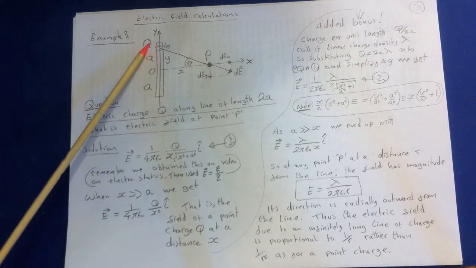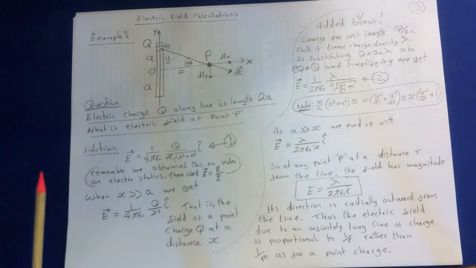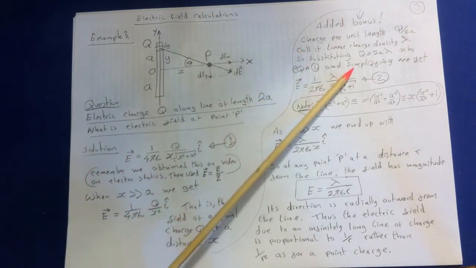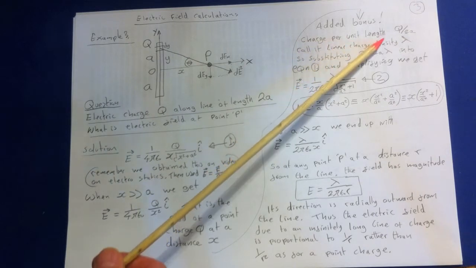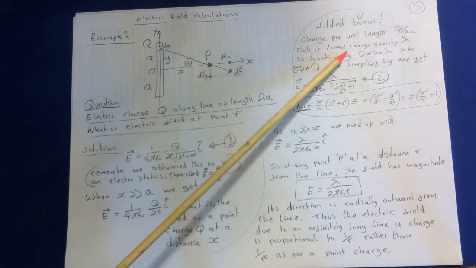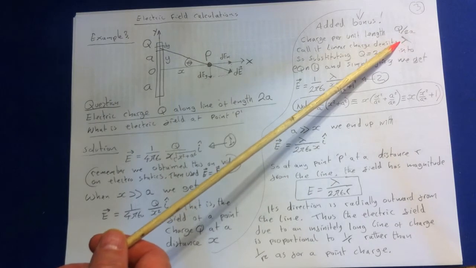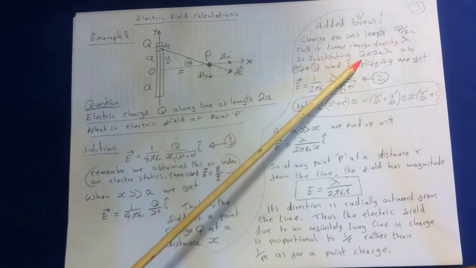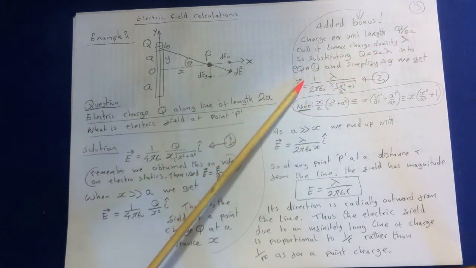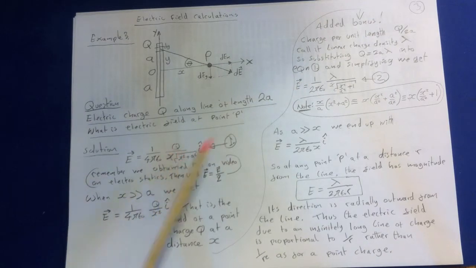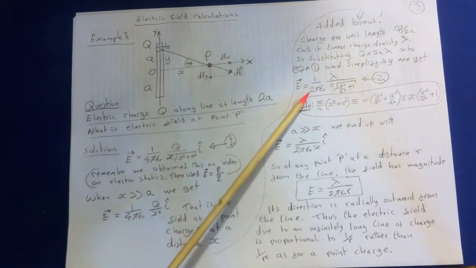So charge per unit length, q over 2a, we'll call the linear charge density, lambda. Substituting q equals 2a lambda into equation 1 and simplifying, we get this.